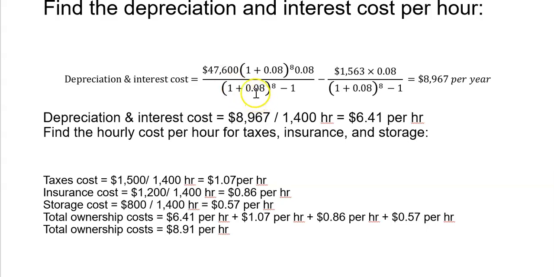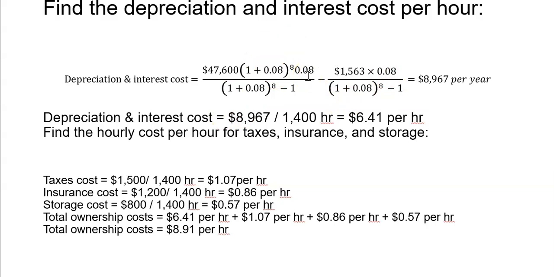So that's it. This 0.08 is the interest rate. In the example it is given to you that the total interest is 8% per year, and that's what you use as the value for I in the formula. And then the salvage value is also given to you.